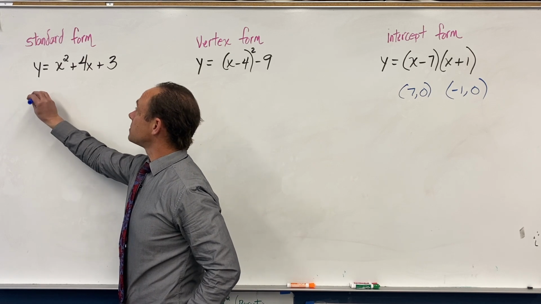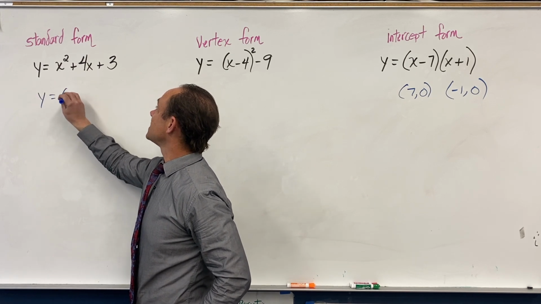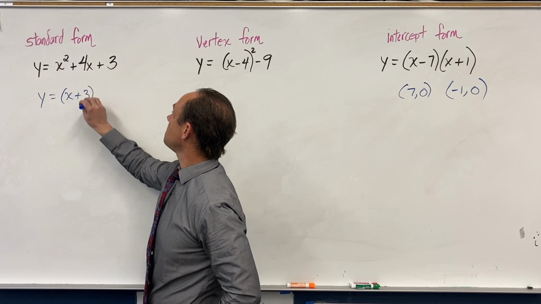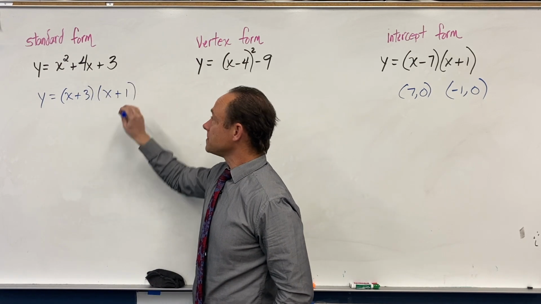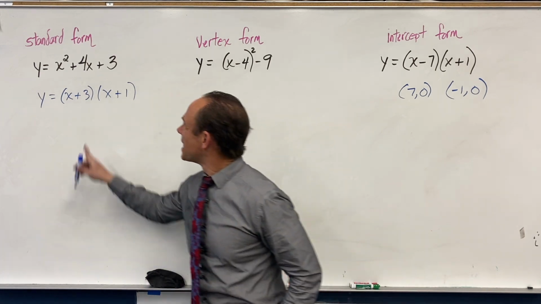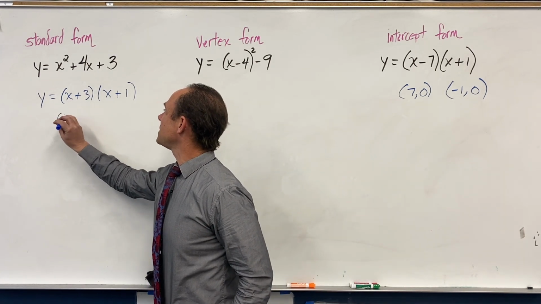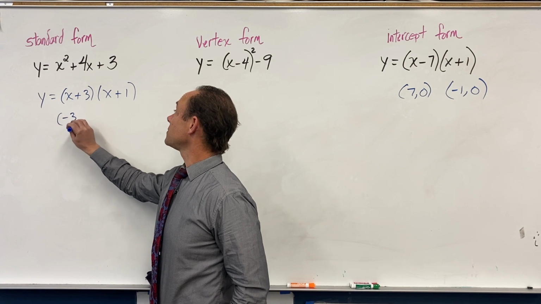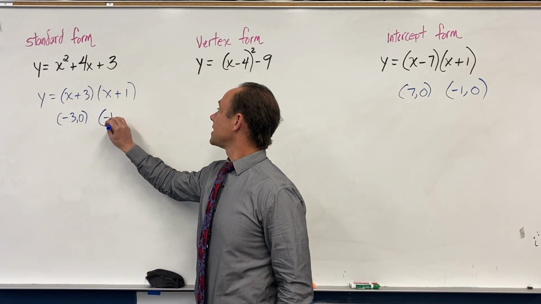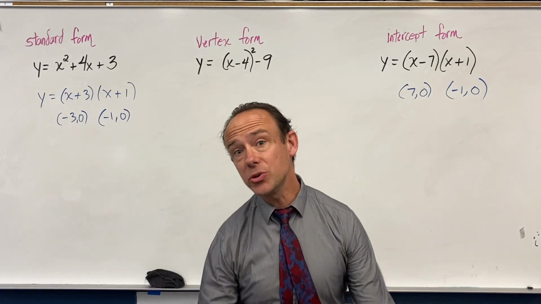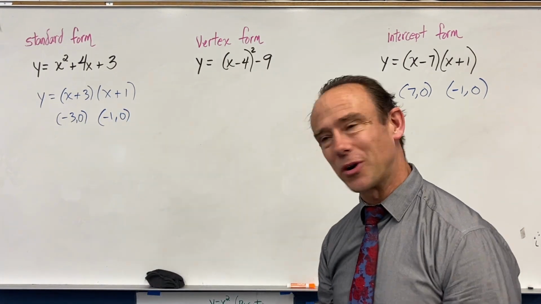This is factorable, right? Because it's going to become y = (x + 3)(x + 1), right? Beautiful. That means its two intercepts are going to be at (-3, 0) and (-1, 0), using the structure of intercept form.